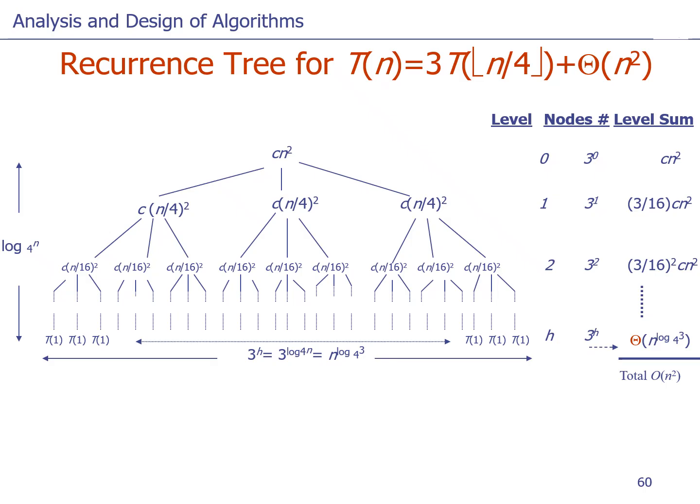It kept decreasing again and again until it reaches n to the power of log 3 base 4. So what you see here is that the first term must be bigger than the last term. The first term I mean at level 0, and the last term I mean the level sum at level h. So this was a decreasing geometric series.